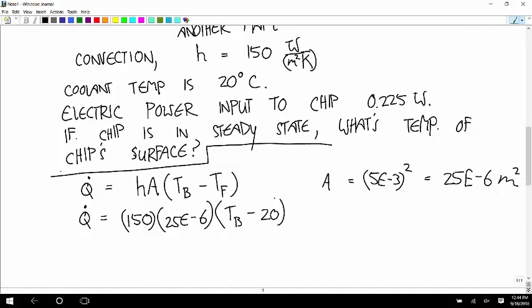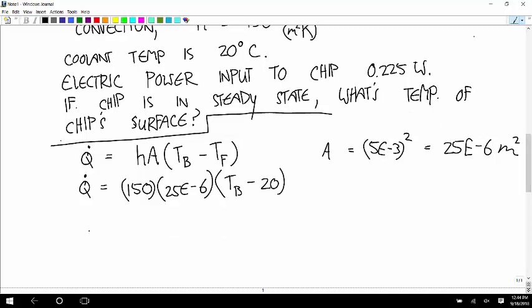The electric power is 0.225 watts. So how's that going to come into this equation? So watts, power is the time derivative of the work.